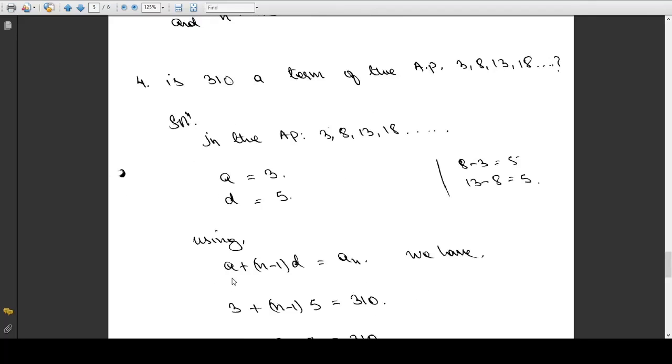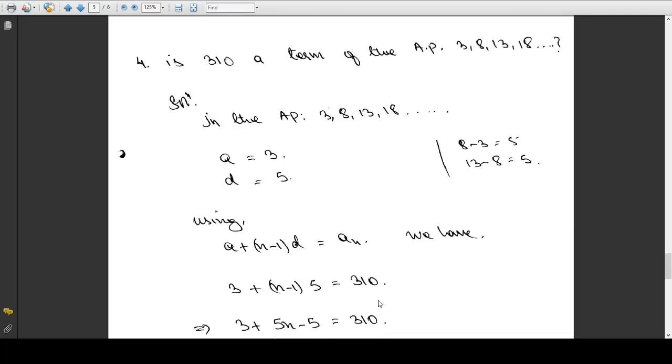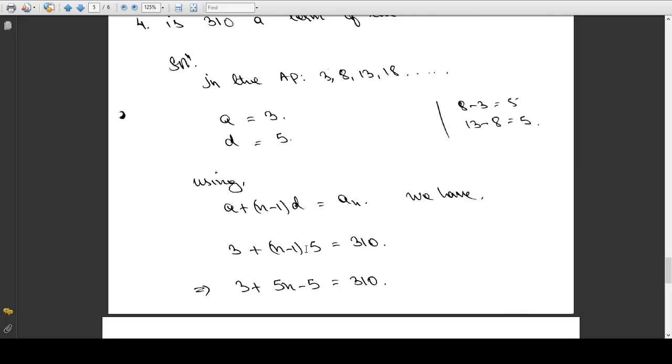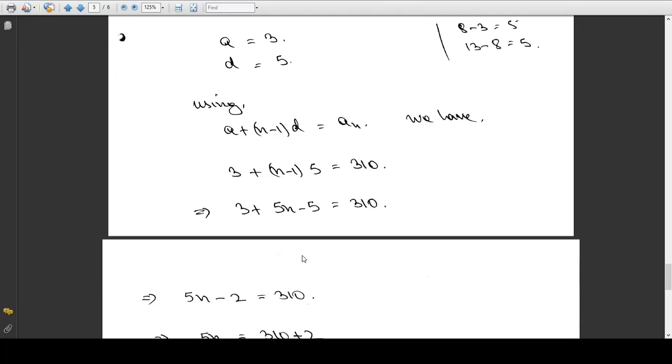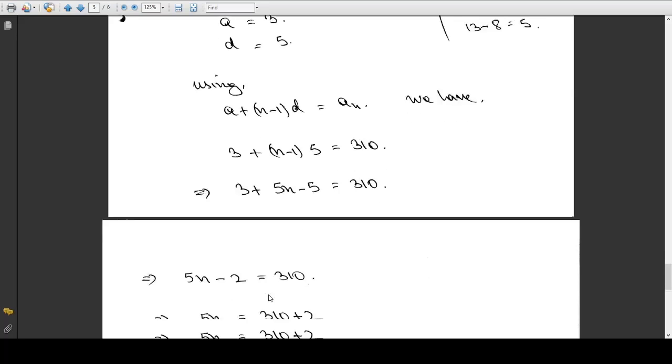Okay, now instead of a we are putting 3, n minus 1 d is 5, which is equal to 310. Now multiply 5 by n, 5n, 5 multiplied by 1 is 5, then 3 and 5, 5n, 3 minus 5 is 2, minus is greater, that is 5n minus 2 equals 310.